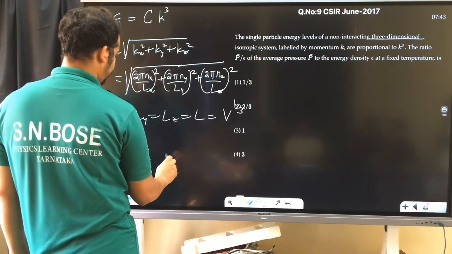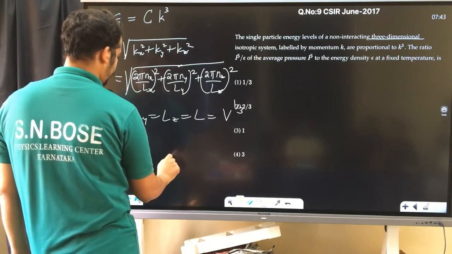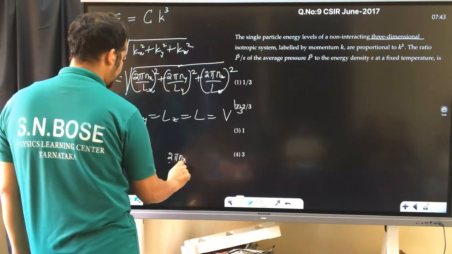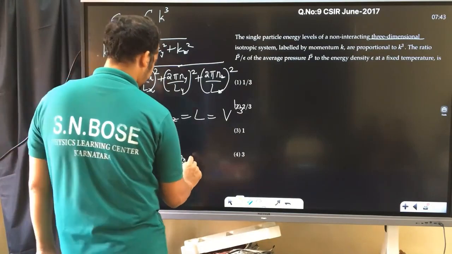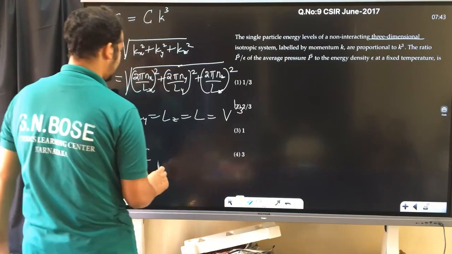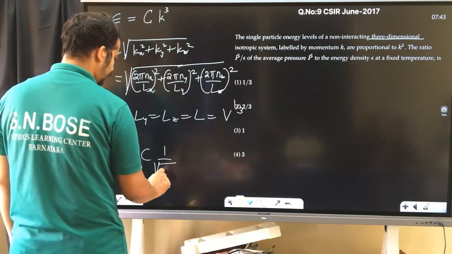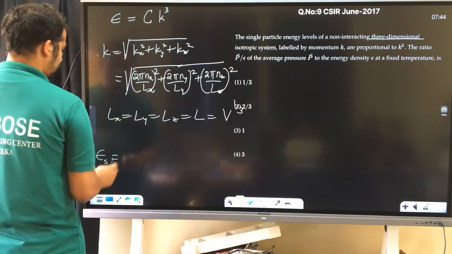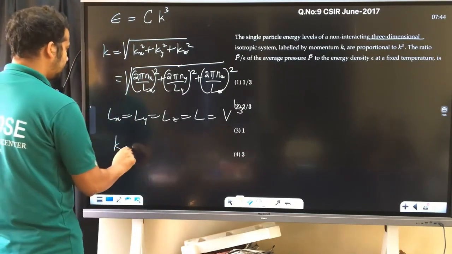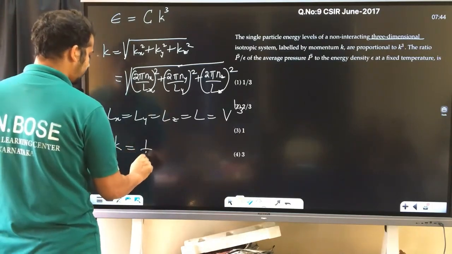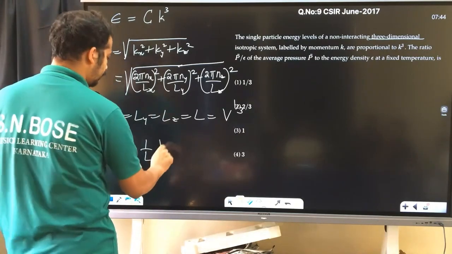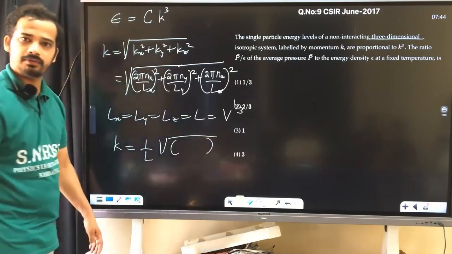2 pi nx by L, or I can write like this, 1 by root L square outside. I'll first write k. K is nothing but 1 by L into this root stuff.